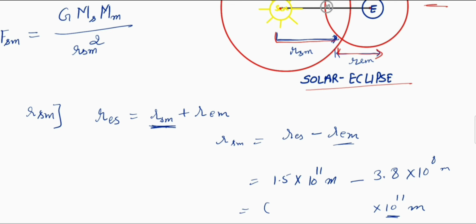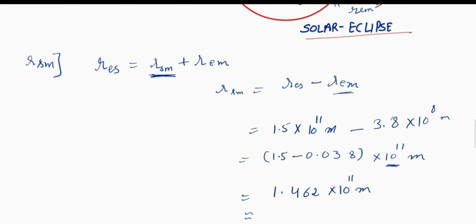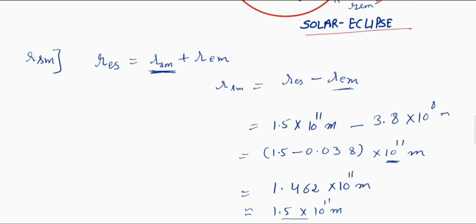So inside we will be left with 1.5 minus 0.038. Now we'll subtract them, we'll get 1.462 into 10 raised to power 11 meter. Approximately we can write this as 1.5 into 10 raised to power 11 meter, which is equal to the radius of the earth's orbit around the sun.